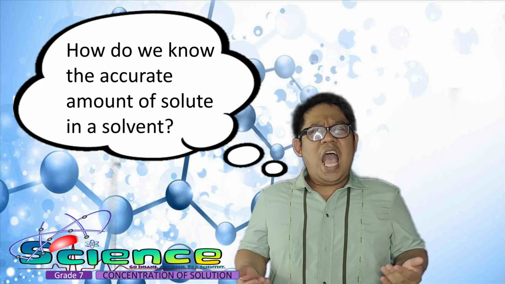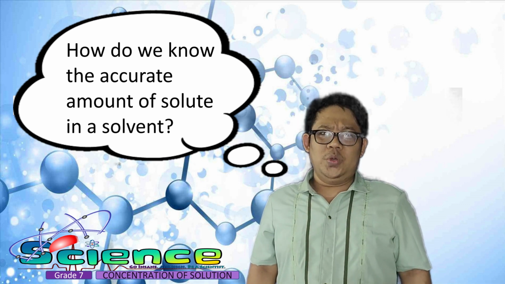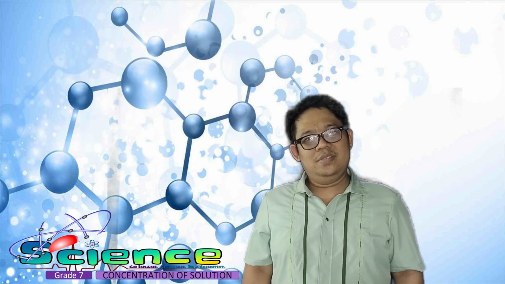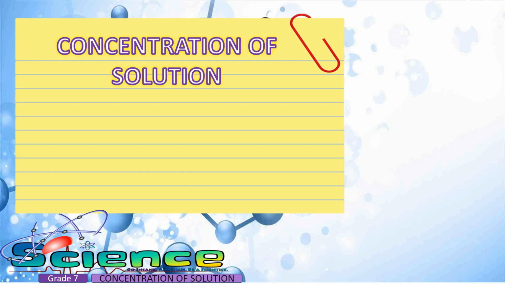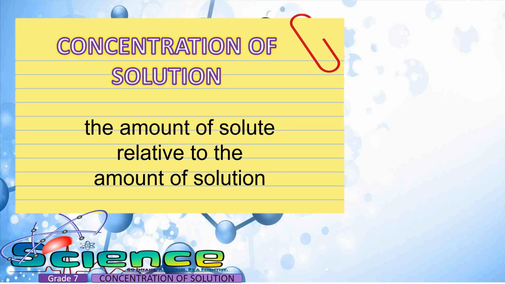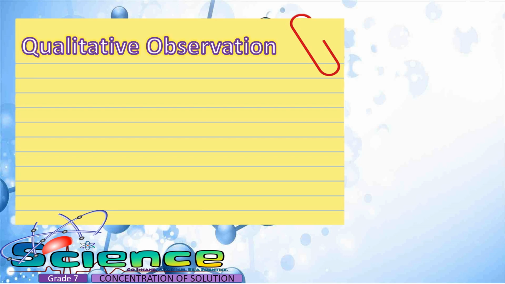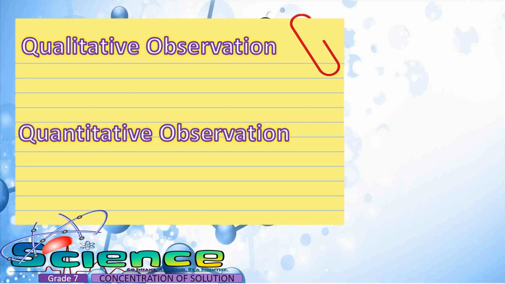The question is, how do we know the accurate amount of solute in a solution? When we say concentration of solution, it refers to the amount of solute relative to the amount of solution. Did you know that we can express the concentration of solution in two ways? Yes, we can express them by qualitative observation and quantitative observation.